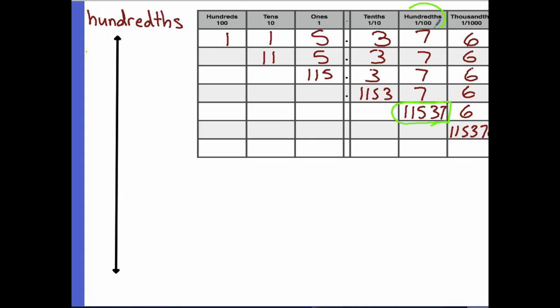And then we have this one, this poor little guy. Yeah, this little one, he tried to help 11,537 get all the way up to the next level up, but he only got halfway there, so how much is he worth? 5 thousandths.